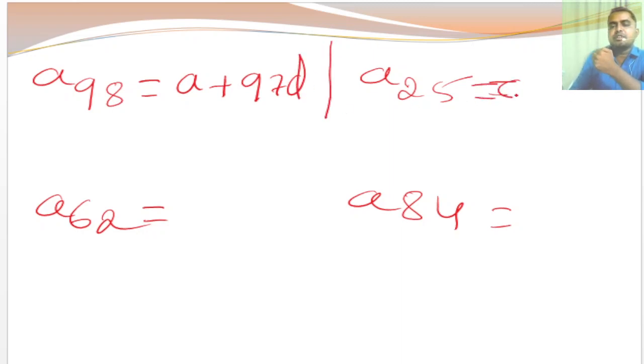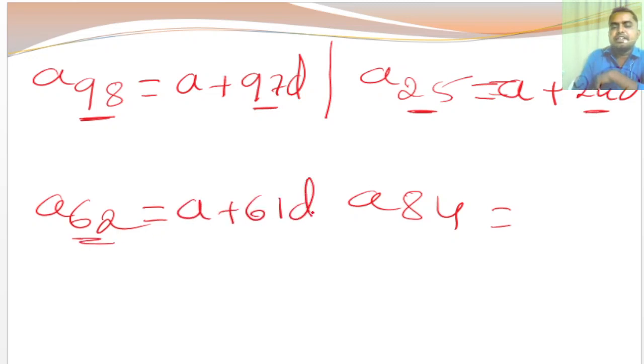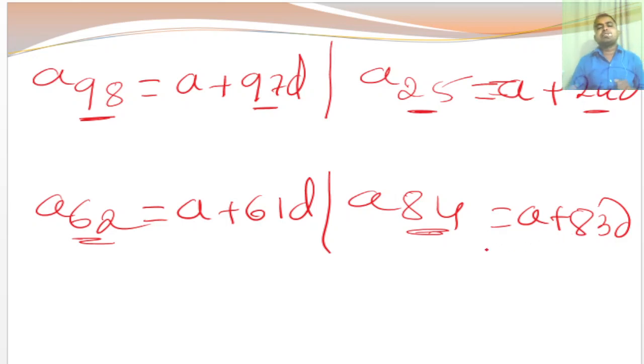The 25th term is a plus 24d. 98 minus 1 is 97d, 25 minus 1 is 24d. 62 means a plus 61d. 84 means 83, a plus 83d. In this manner we write the general terms: 98th means a plus 97d, 25th means a plus 24d, 62nd means a plus 61d, and the 84th term means a plus 83d.